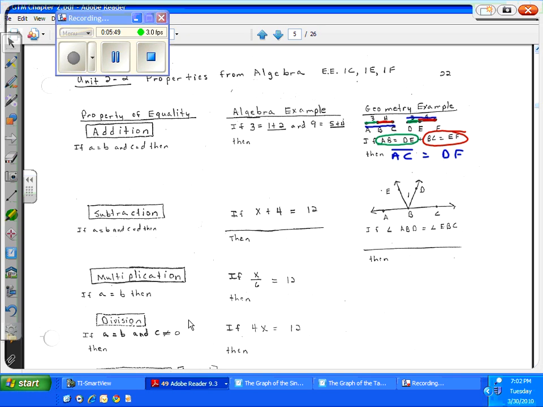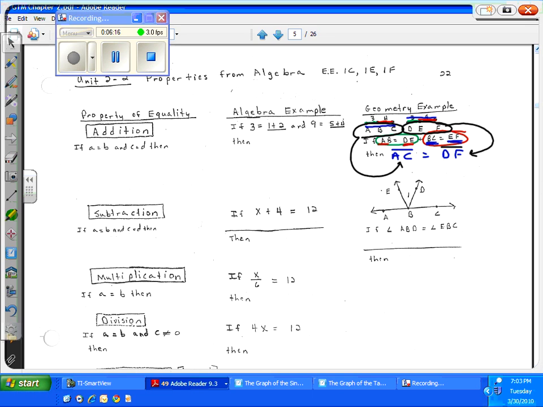Now, this is kind of tricky a little bit, I guess. The thing that says that the sum of these two little pieces here is equal to this whole thing AC is segment addition. The thing that says the sum of these two little pieces is equal to the whole thing DF is segment addition.